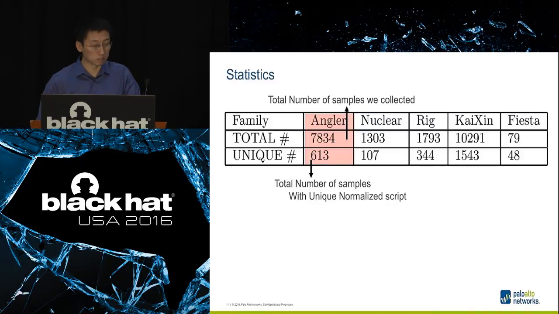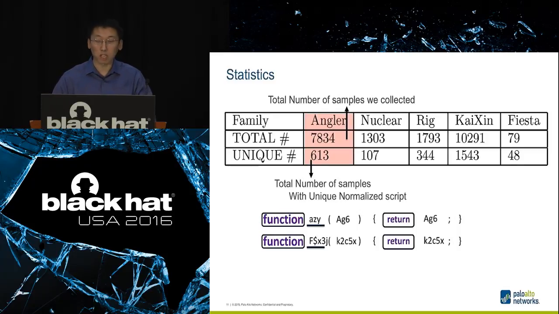After normalization, we found that the number of unique normalized scripts is significantly reduced. For example, among the 7,800 Angular samples we have collected, we only identified 613 unique normalized scripts, which means the rest of them just share the same code structure but fill in some randomized variable names or garbage data.